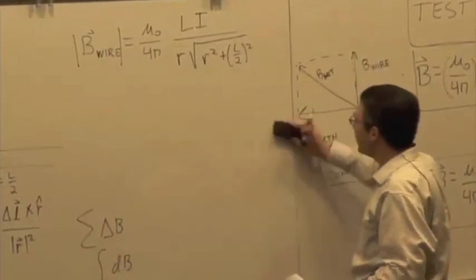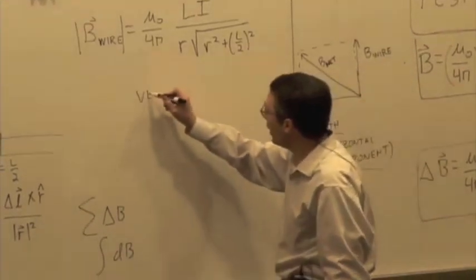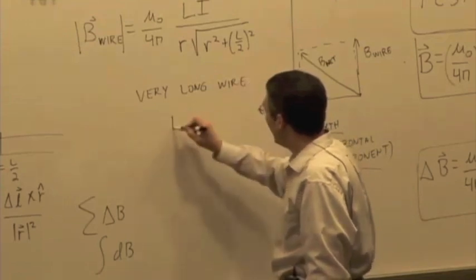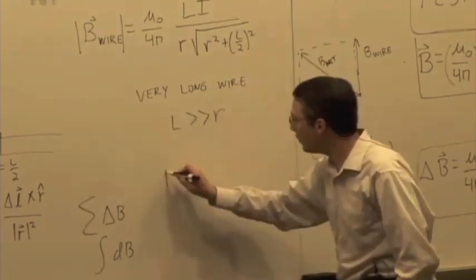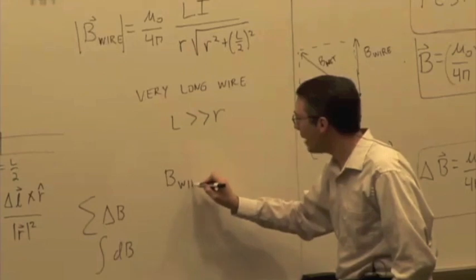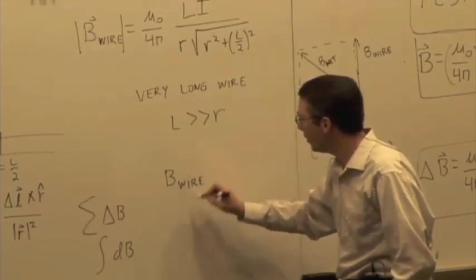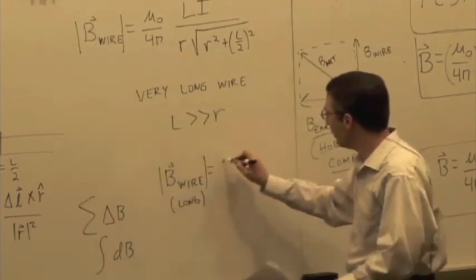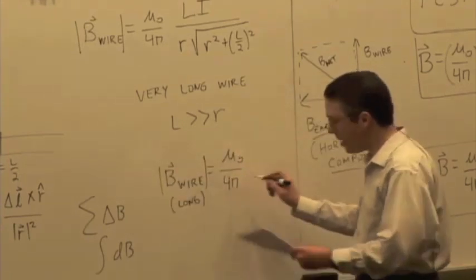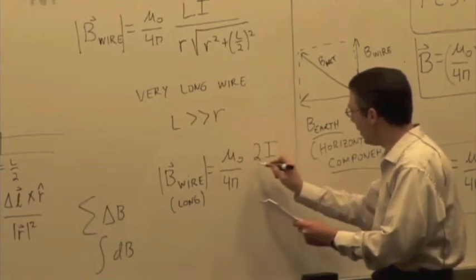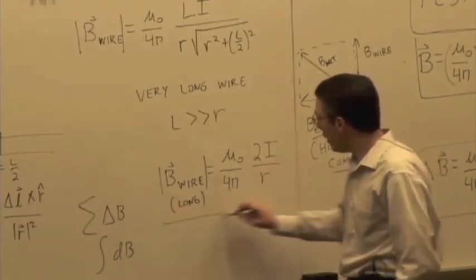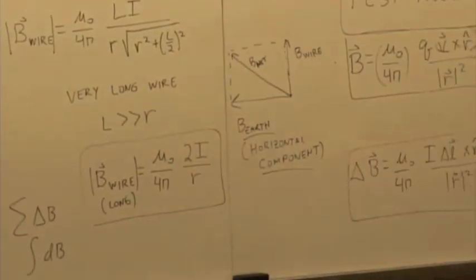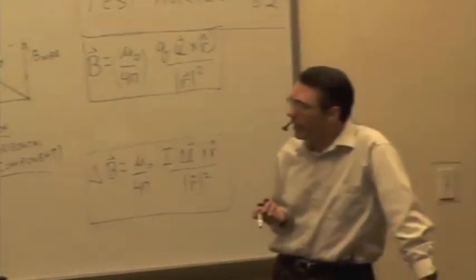One approximation that's useful is when you have a very long wire, L much bigger than R. If you simplify it, you'll find that the magnetic field of the long wire is equal to mu naught over 4 pi times 2I over R. So you get a 1 over R distance dependence for a very long, thin wire, just like we got a 1 over R distance dependence for the electric field of a long, thin, charged rod.